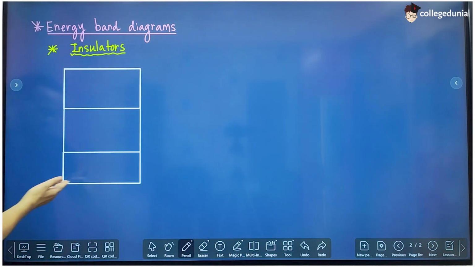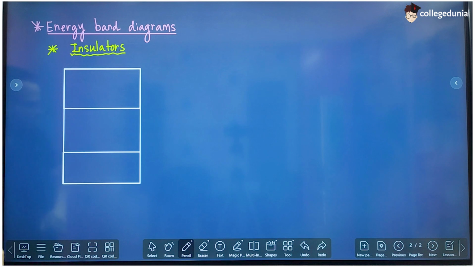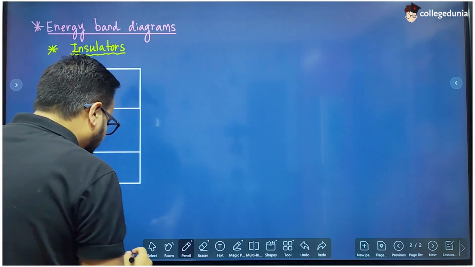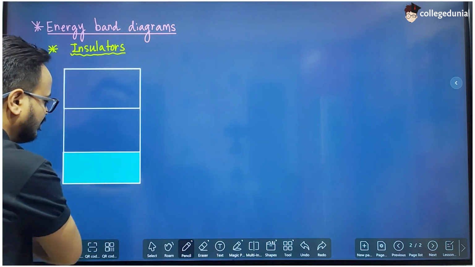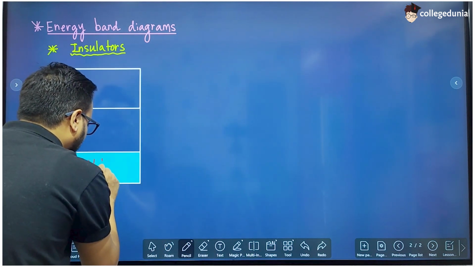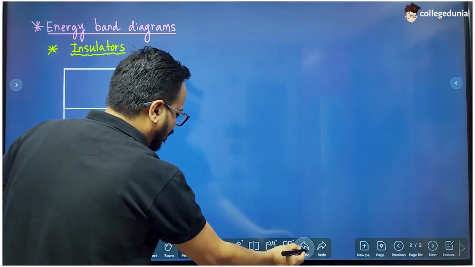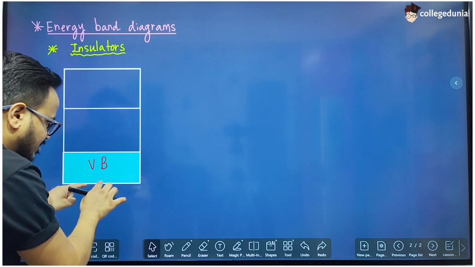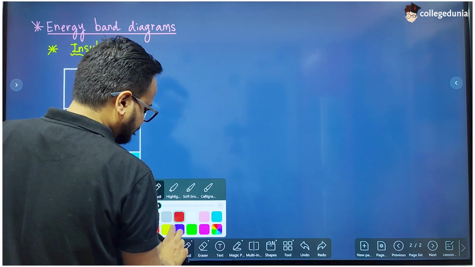So this is the lowest value of energy, and as we move higher in this diagram it represents a higher value of energy. This is the valence band, VB, which means that the energies of electrons in the outermost shell lie in this range, right? And this is the conduction band.